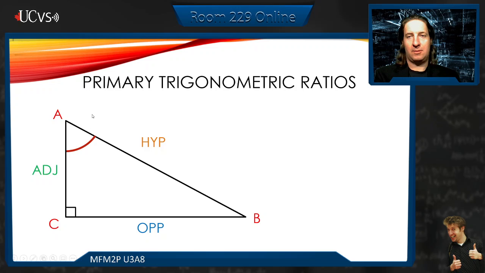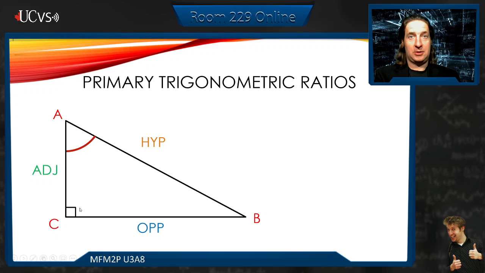Let's say we're using A as our reference point. The side opposite A is the opposite side, we'll label it OPP. It's side BC or side little a. It's farthest away from A, and adjacent is the one closest.